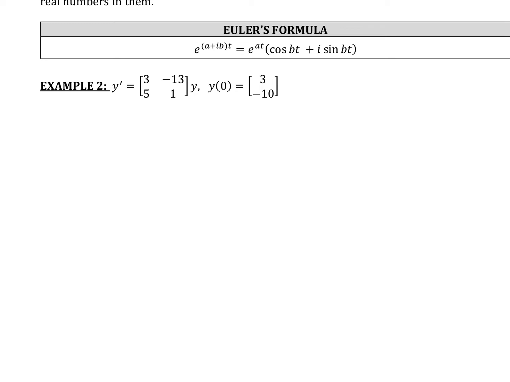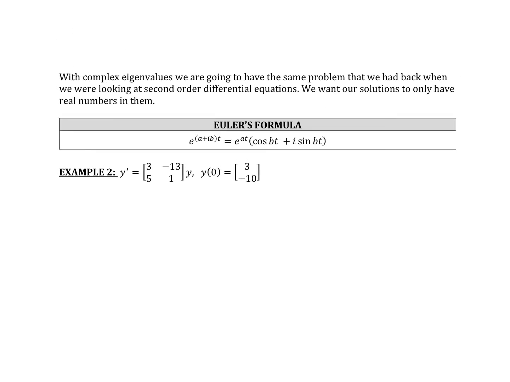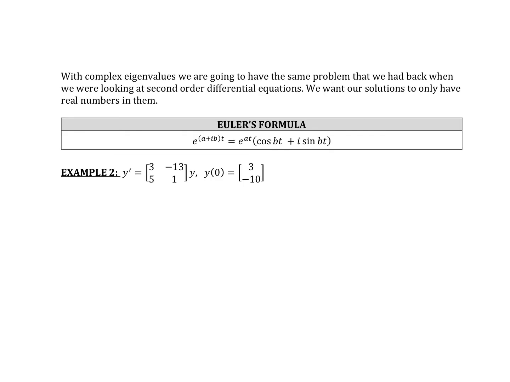In order to get two solutions, the two solutions I'm going to end up with are going to be the real part, usually notated with RE, times some vector x of t, and my second solution is going to be the imaginary part times that same vector x of t.